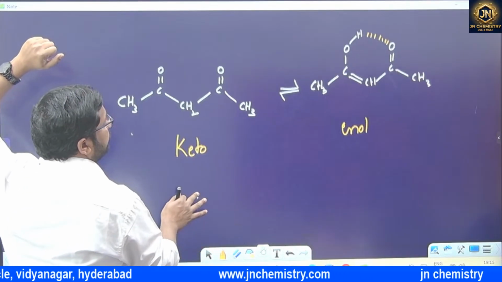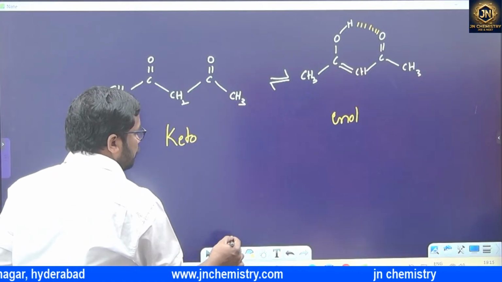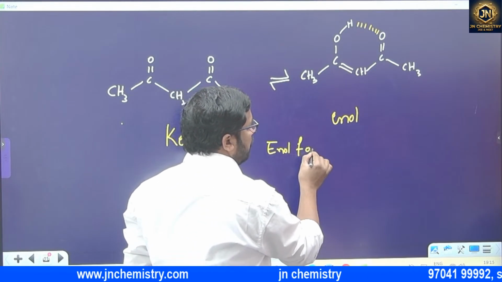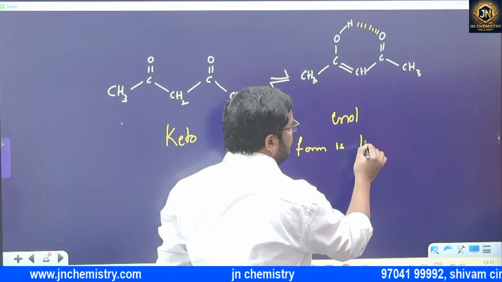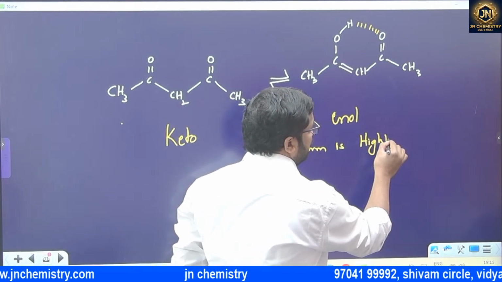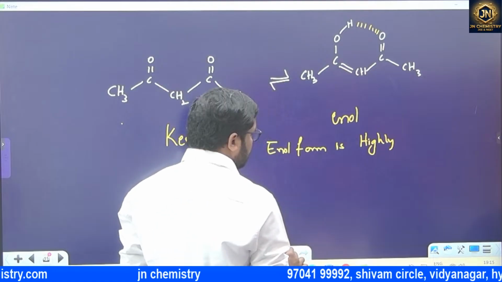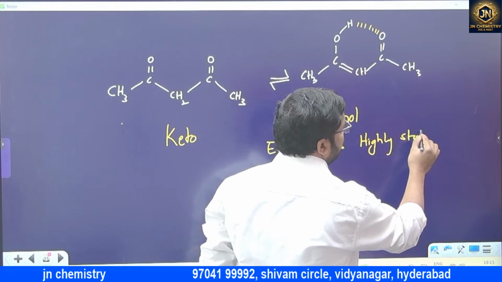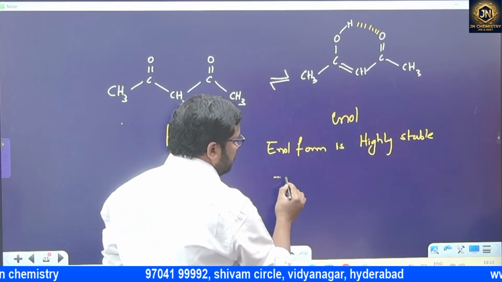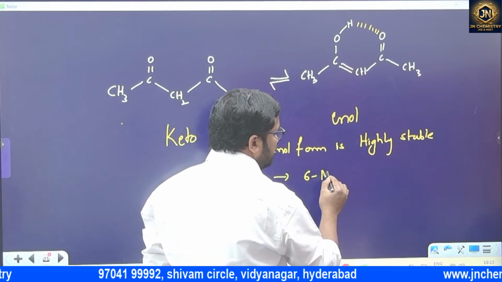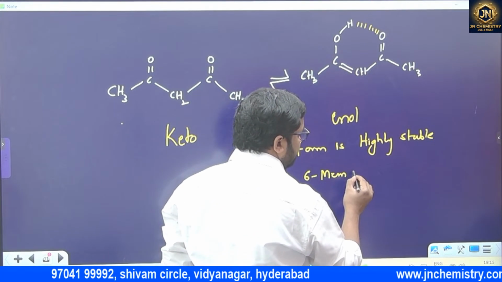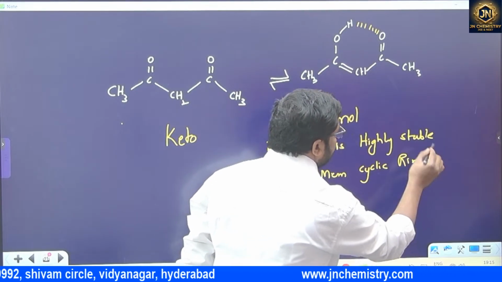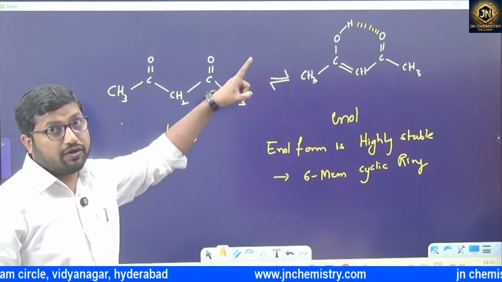Write one statement: in this case the enol form is highly stable because, point number 1, it forms a 6-membered cyclic ring, and hydrogen bonding is also possible.